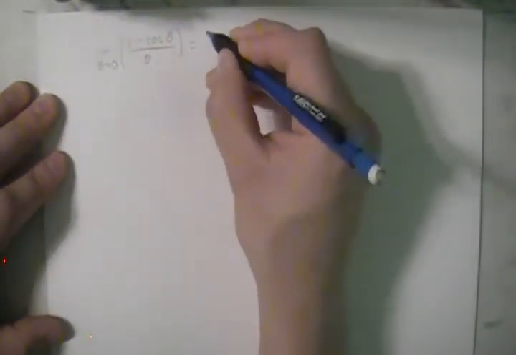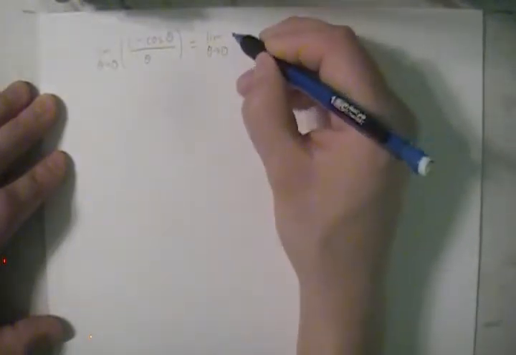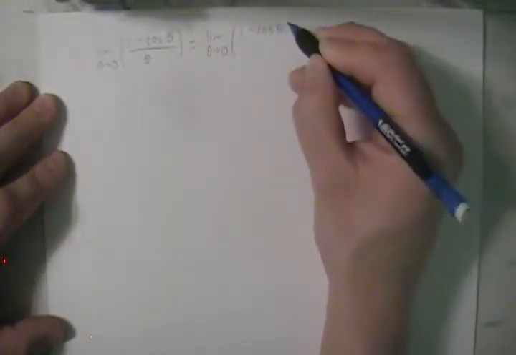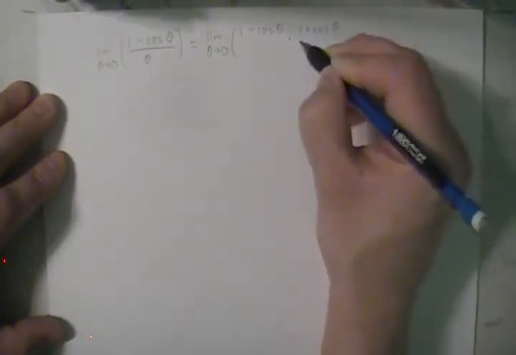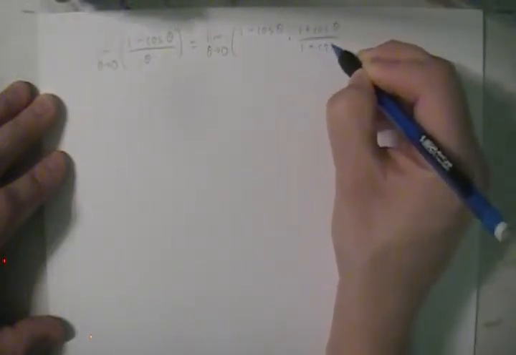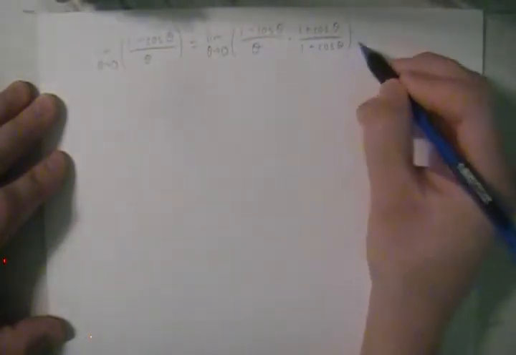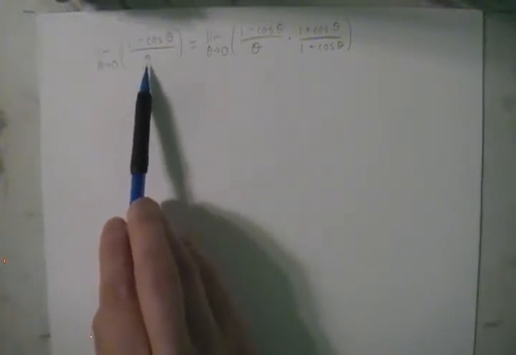All right, so this one we can derive algebraically using the last limit formula. So this is going to be 1 minus cosine theta, and I will multiply that by 1 plus cosine theta divided by 1 plus cosine theta. I'm sorry, that's divided by theta. And the reason we can't evaluate this function here is because we're dividing by theta again.